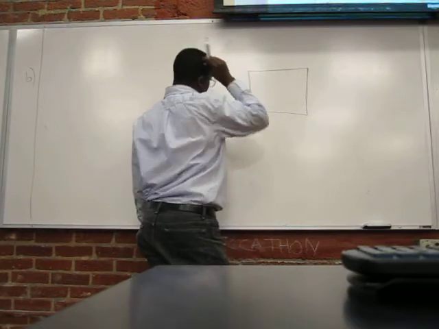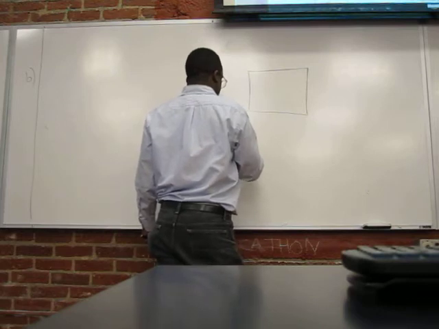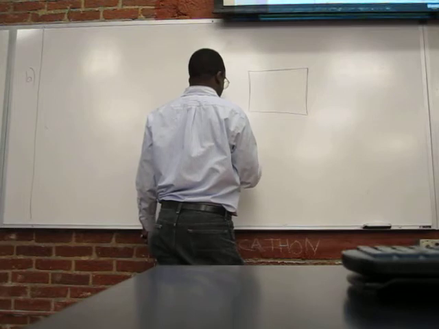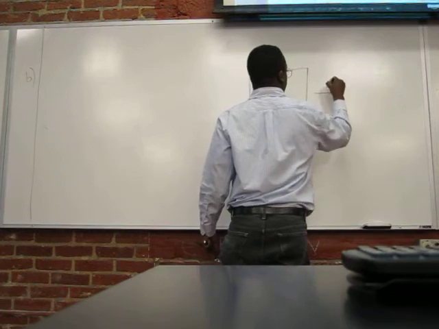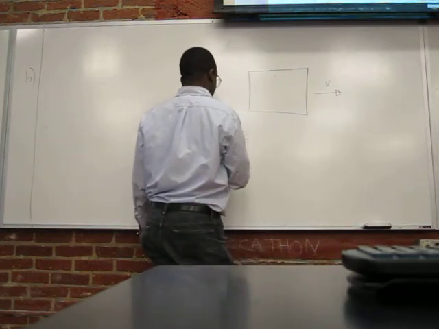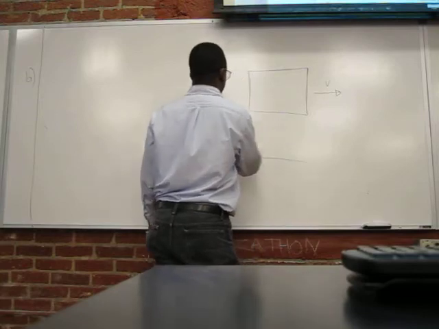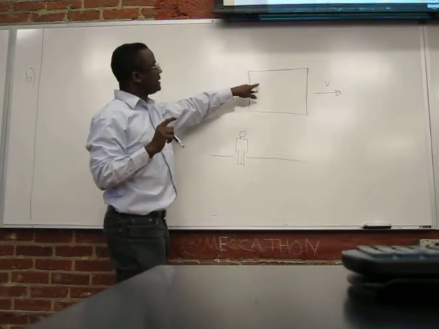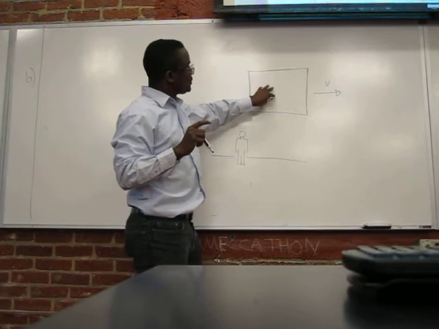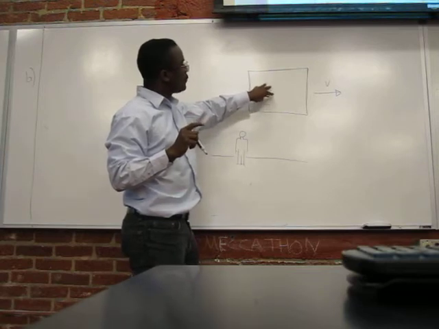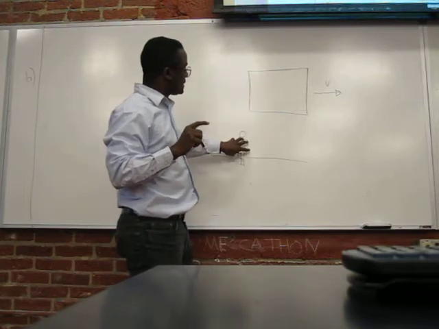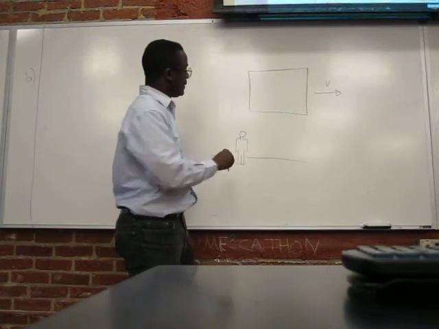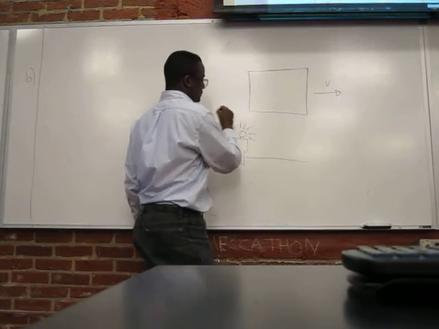One way you can talk about it is, if someone is sitting on a train that's traveling at a velocity v with respect to this person who's just standing on the side of the road, this is called an inertial reference frame if this frame is not accelerating with respect to this guy here, the observer.